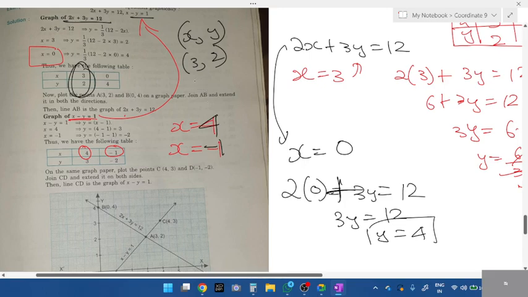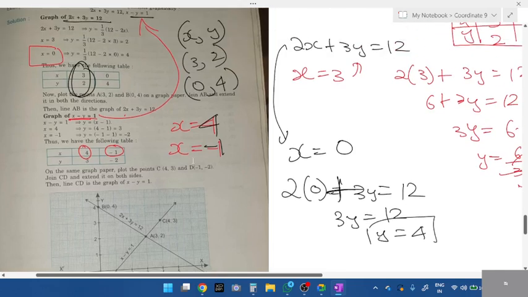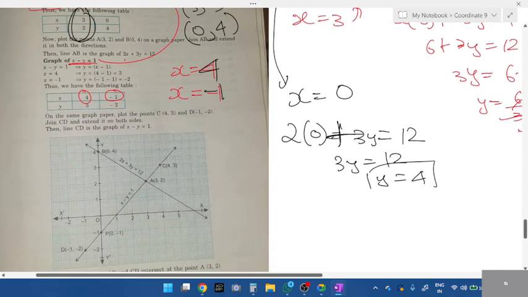Tell me the second point, students. Let me show the calculation. Look, can you see the point? Not 3 comma 0, but 3 comma 2. They mark point A here, 3 comma 2, and you all told me 0 comma 4.